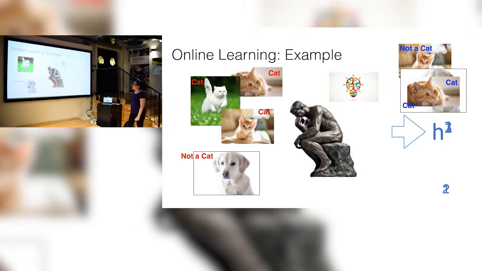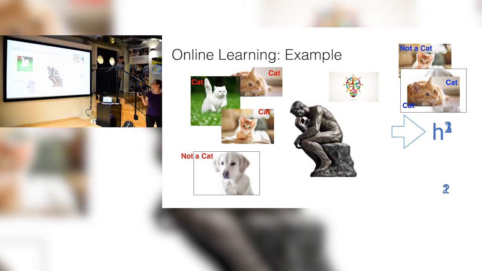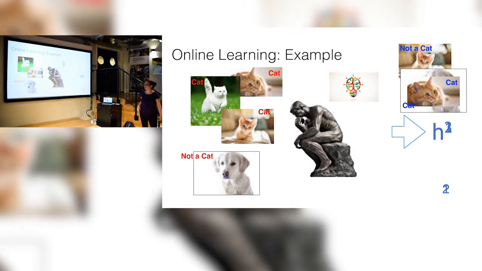Then we need to return another hypothesis. Let's say our hypothesis is if there is a tail, this must be a cat. So we get another image, and we don't see a tail, so we say it's not a cat. But we are wrong, and our number of mistakes is up again.